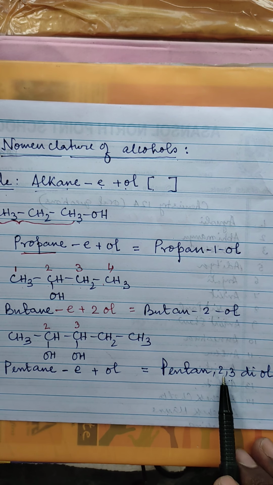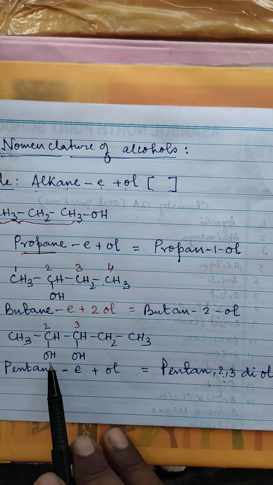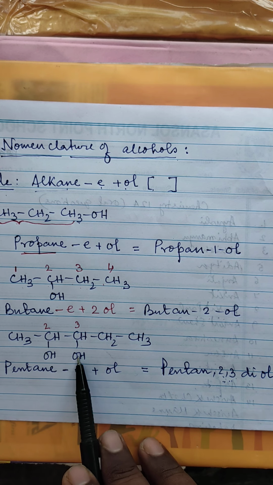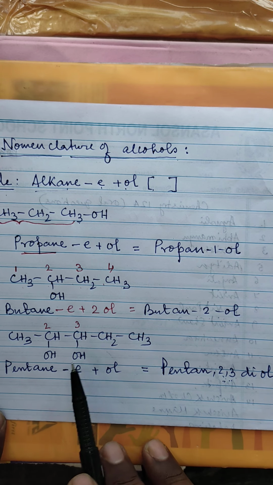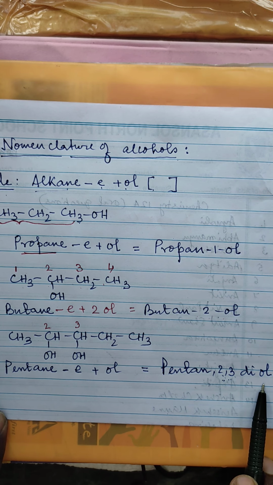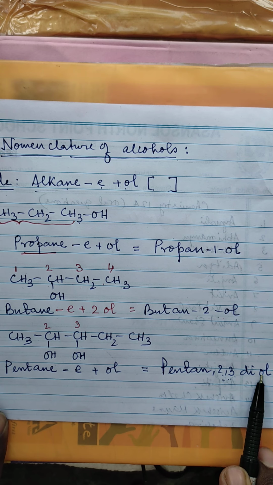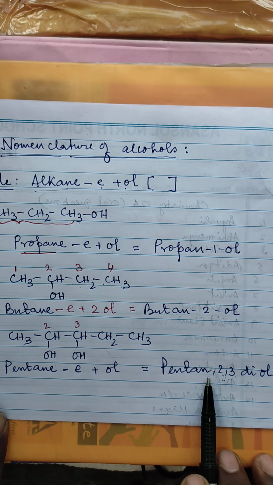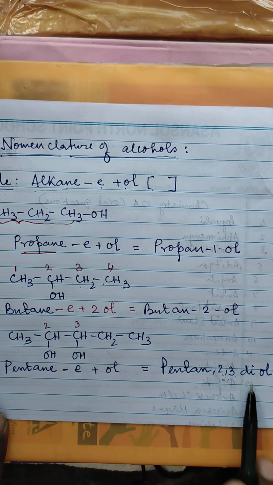OH is present in the second and third position. Why di? Because there are two OH, and OL means OH group is present. So the name of the compound is pentan 2,3-diol.